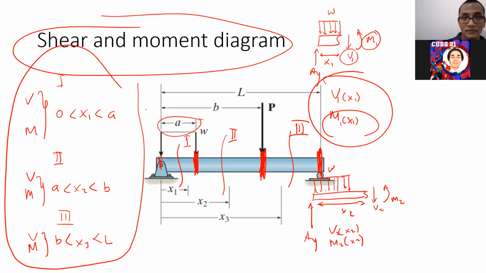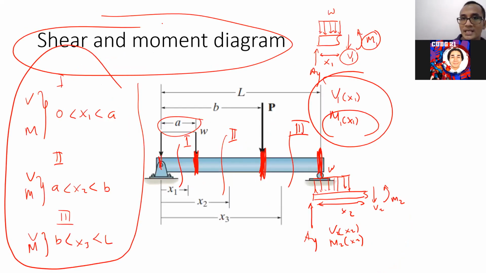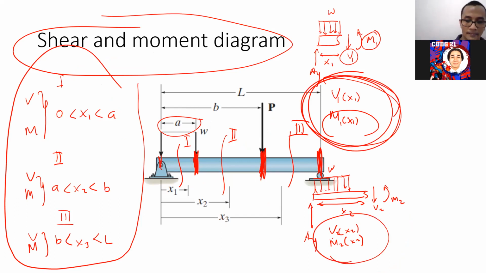So when we have a problem and you are asked to find out the shear and moment diagram, this is roughly the things that you have to do. You do the cutting, but the cutting there will represent a certain region. In this case we will have three regions. After that, you have to draw the shear and moment diagram based on the equation that you get in each section.